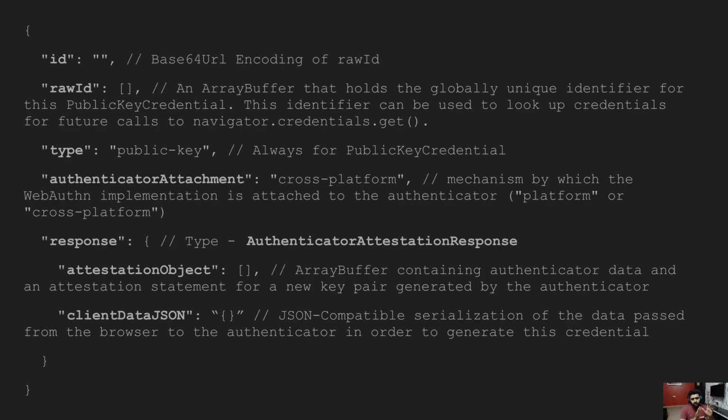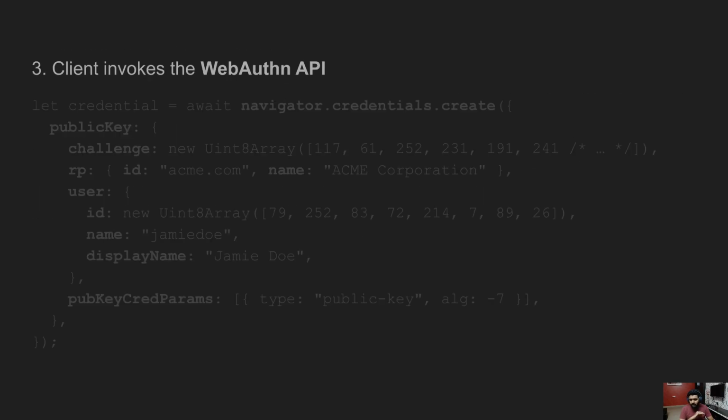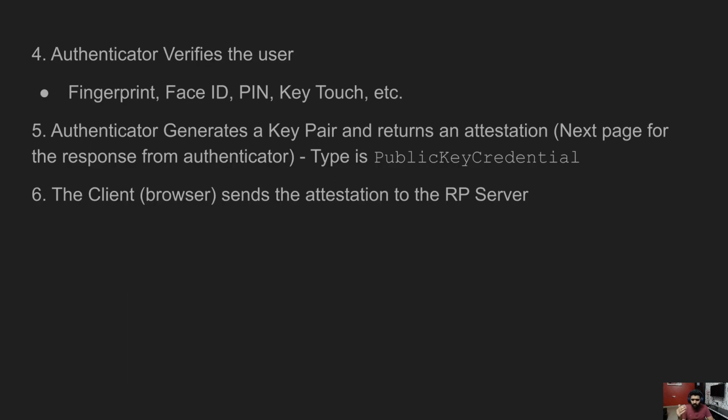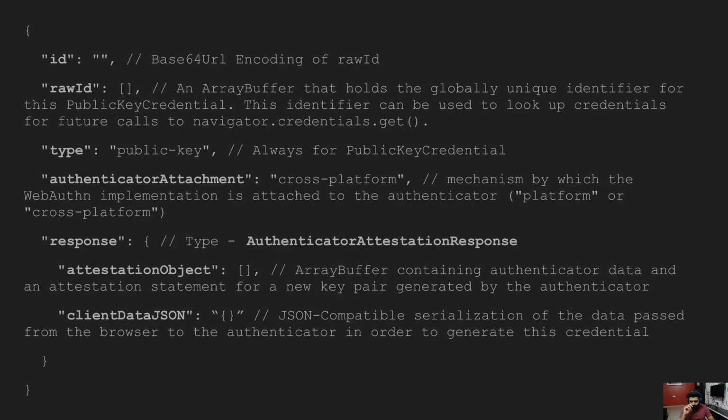Like you can even specify here, for example, the resident key and user verification. So in the authenticator preference, you can ask that if you only want to use a platform authenticator. If you only want a roaming authenticator, then you can ask that. And then it will have the response.